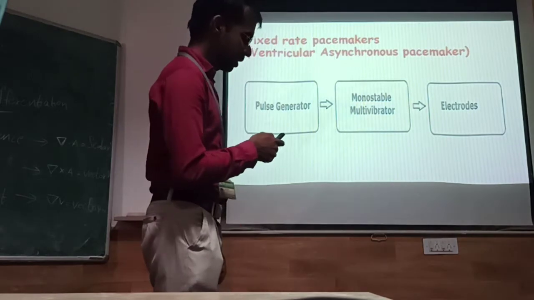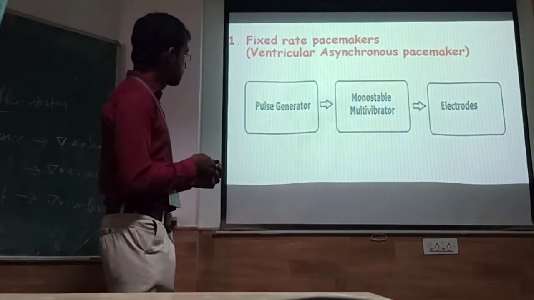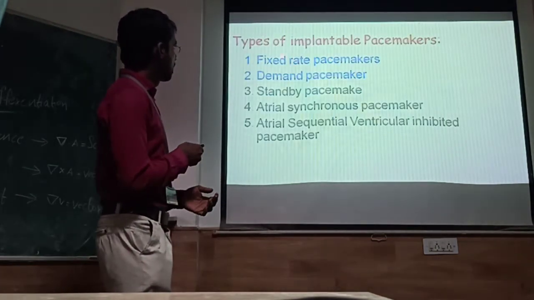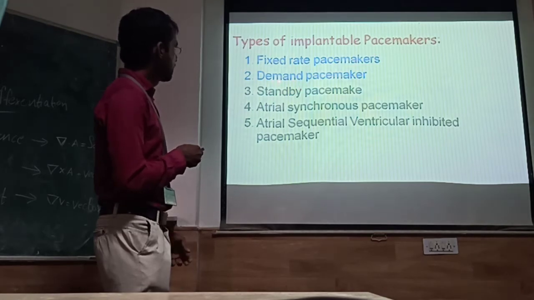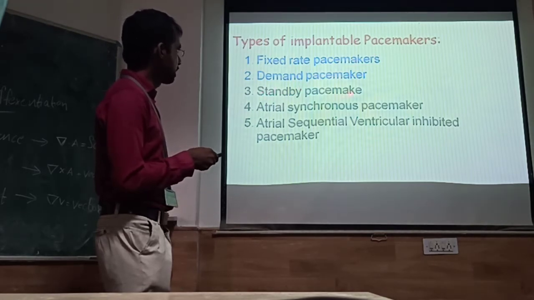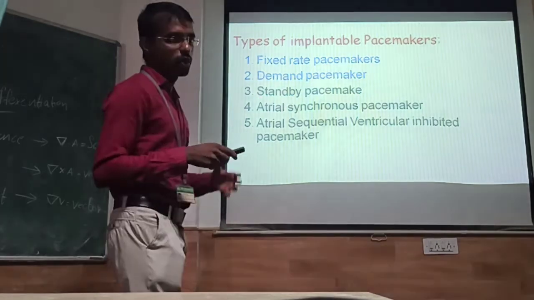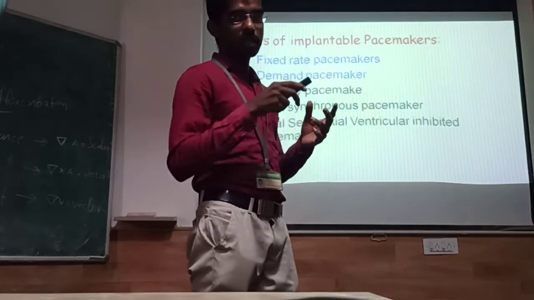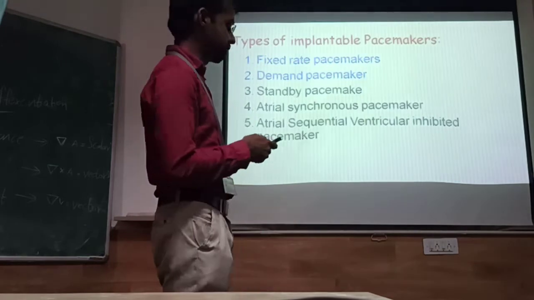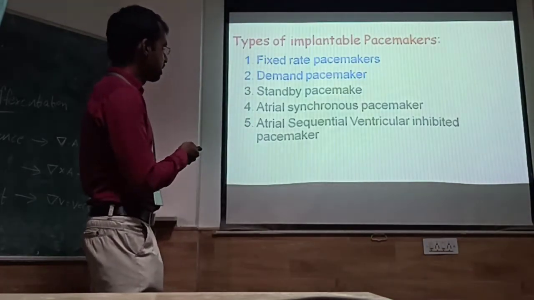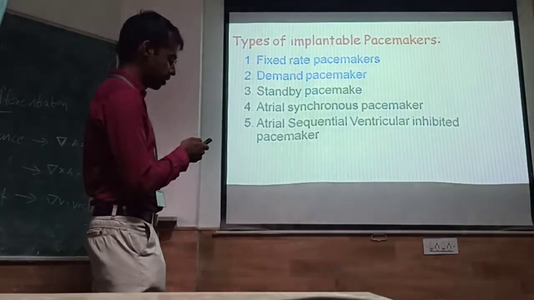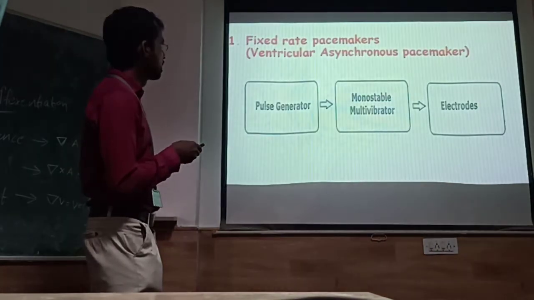Basically these 3, the fixed rate pacemaker, demand pacemaker and standby pacemaker, work along with the QRS waveform or the ventricular motion, right? That is why wherever the other name comes, there will be a name called ventricle.